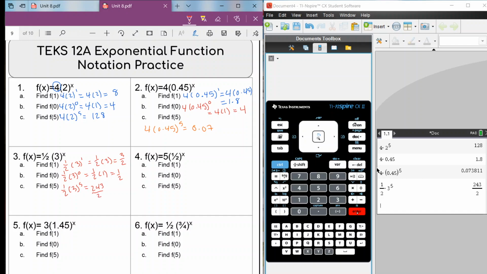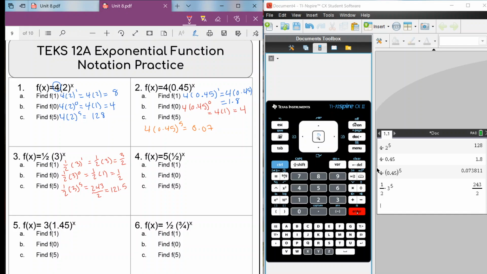So if my calculator gives it to me as a fraction, I'm going to go ahead and leave it as a fraction. But if you were using your phone, more likely than not, you would get it in decimal form, that would be 121.5.